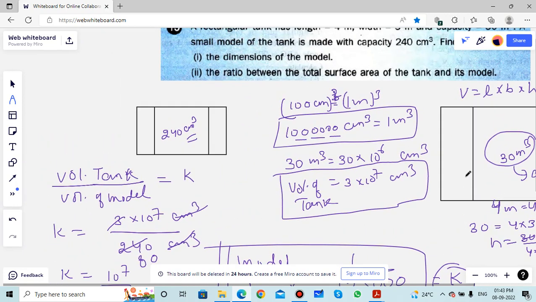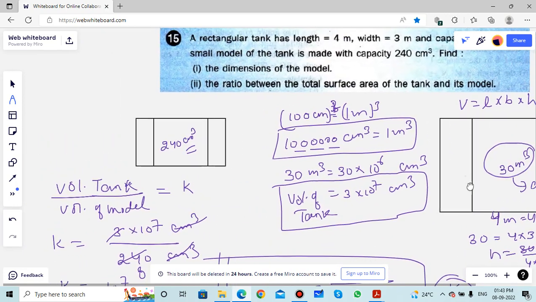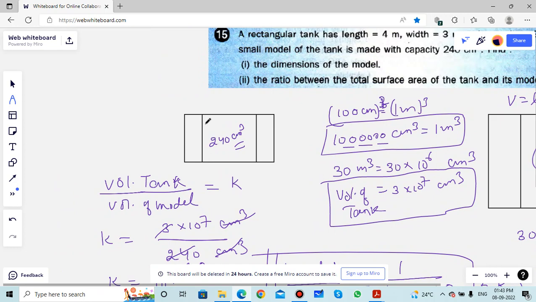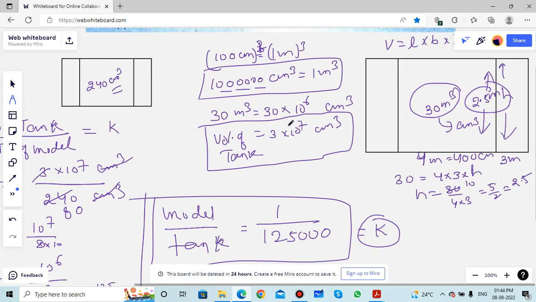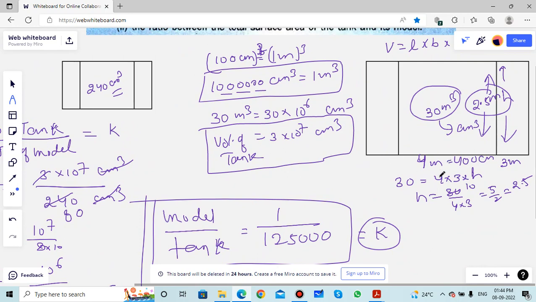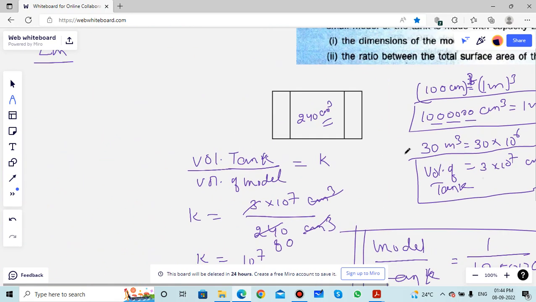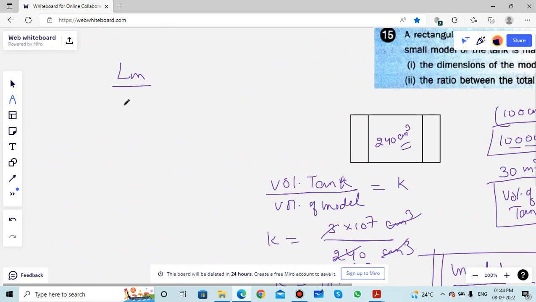So length is what they're asking, the dimension of the model here. So this will be what? Remember, I do not know the length, so length of the model be L, and writing model upon the length of this actual tank is how much? 400 centimeter. So write 400 centimeter. And remember, we are doing smaller to bigger.